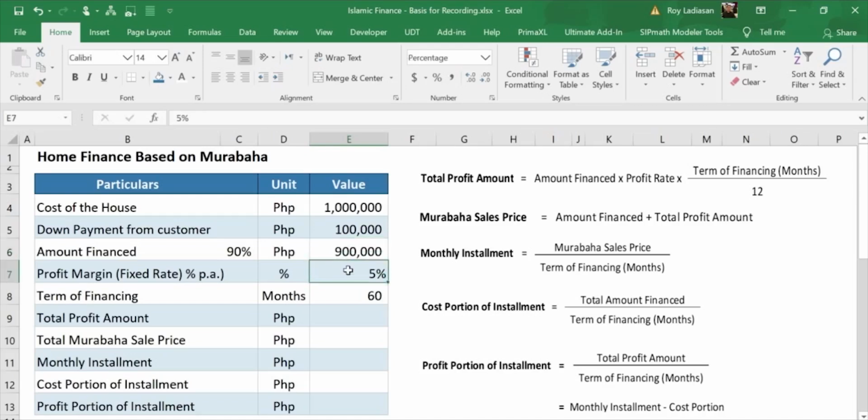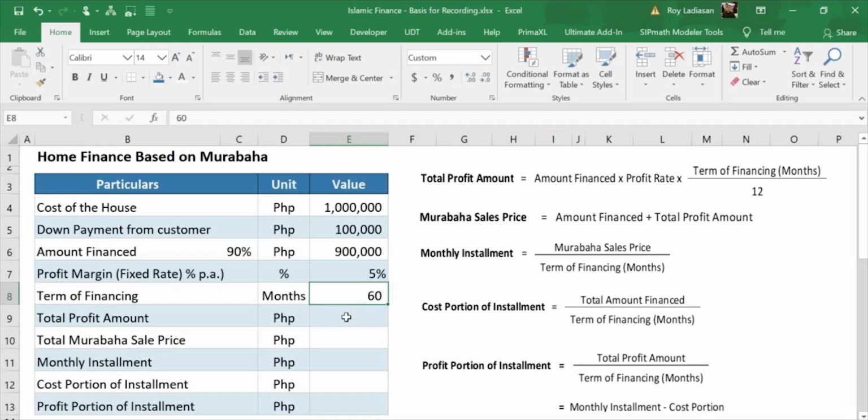The profit margin is also given at 5%, and the term of financing is 5 years, or a total of 60 months.